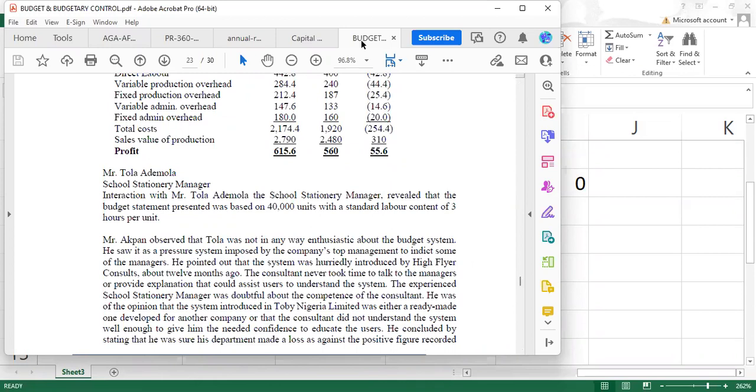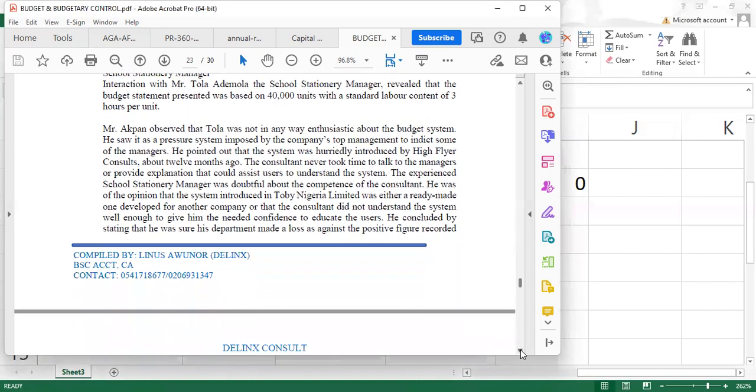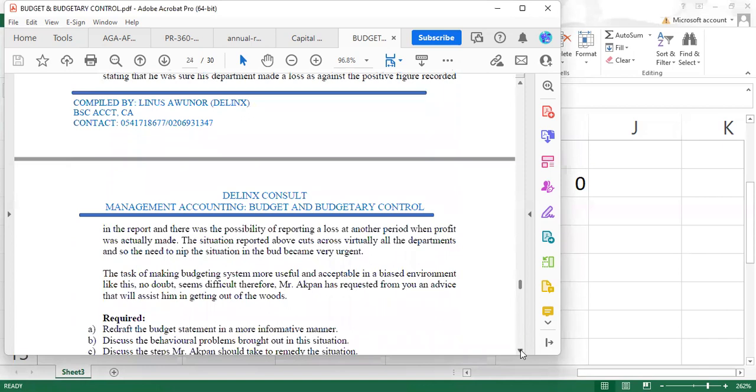He concluded by stating that he was sure his department made a loss as against the positive figure recorded in the report, and there was the possibility of reporting a loss at another period when profit was actually made.